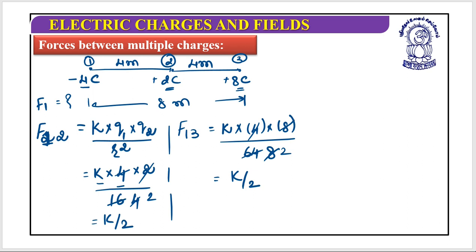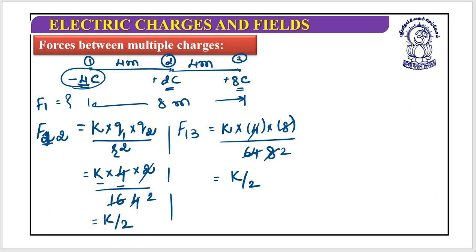You have calculated the magnitude. Now things will be about the directions. On which charged particle are you about to find the force? On the minus 4 coulomb. So in whichever direction the charge is moving, that would be for the minus 4 coulomb. So let's look.